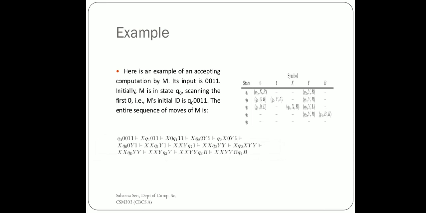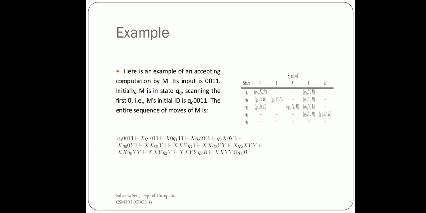Again, at q1, if it sees a 0, it will keep the 0 and move to the right. Now if it sees a 1 there, it will keep on moving, right? It will move to the left, and just see the position of q2 is now just before the 0, and it has changed the 1 to y.